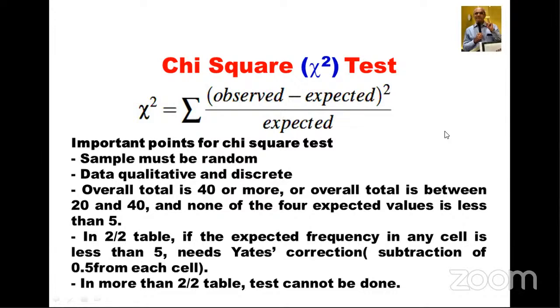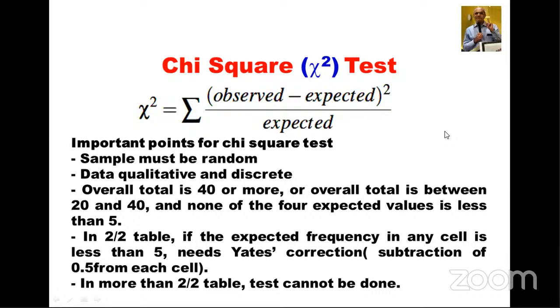Okay. So chi-square is equal to observed minus expected, whole square, divided by expected. So it is a very simple formula. Where and how it can be used, that we have to see, and then we can calculate one example. Sample must be random.